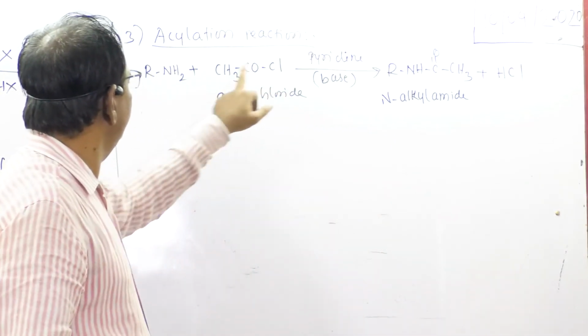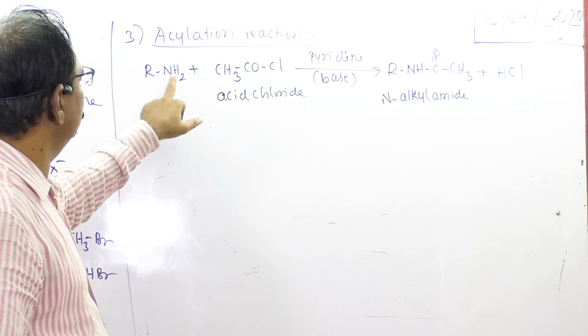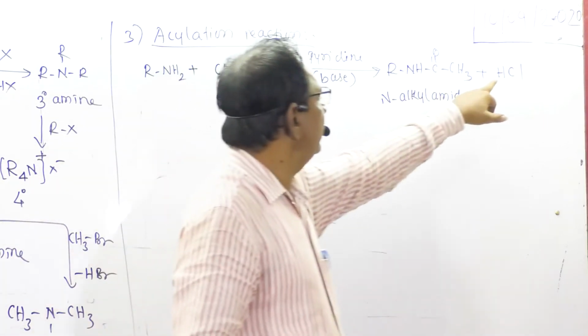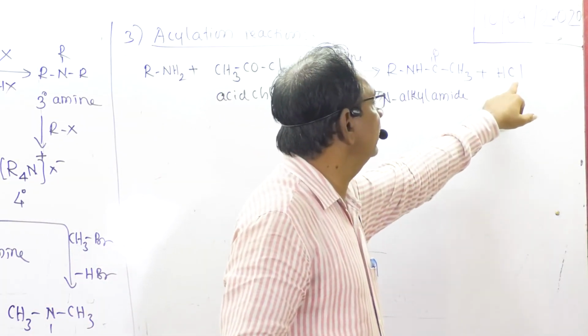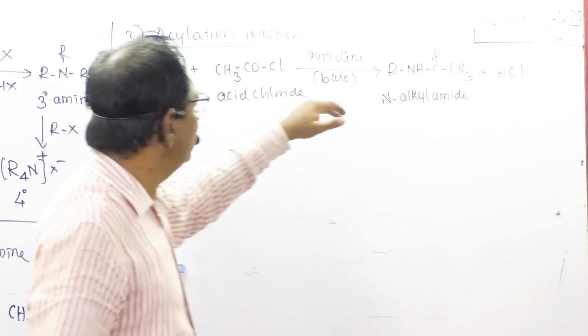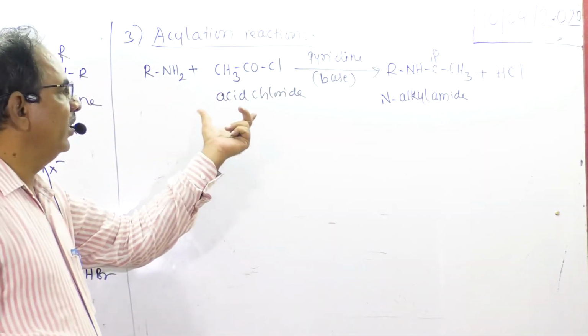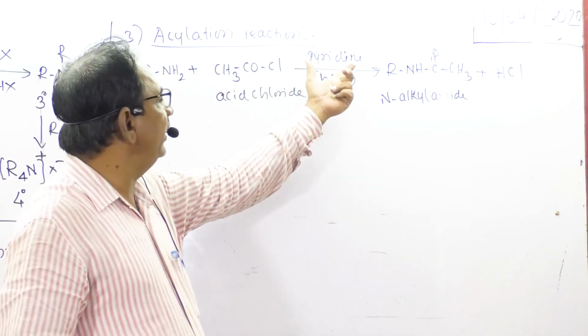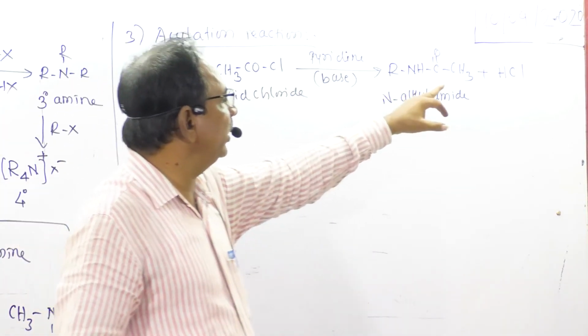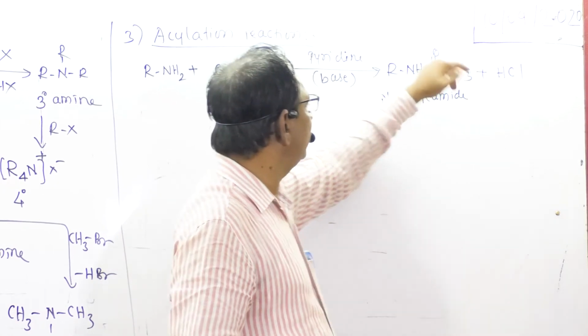This Cl combines with one of the hydrogen atoms of the amine group to form HCl. So this is the acidic compound which is released during the reaction. Then the role of pyridine here is to neutralize the hydrochloric acid released during the reaction.